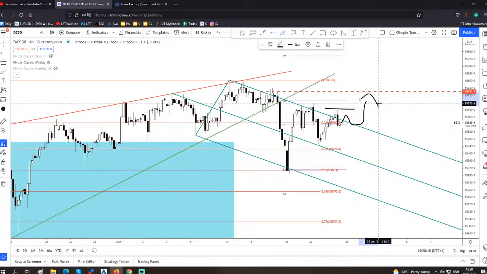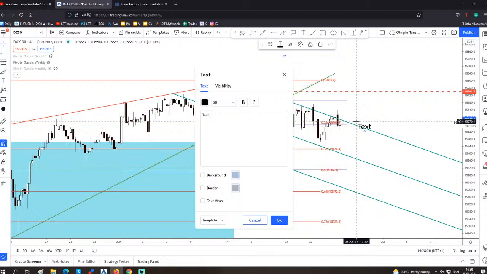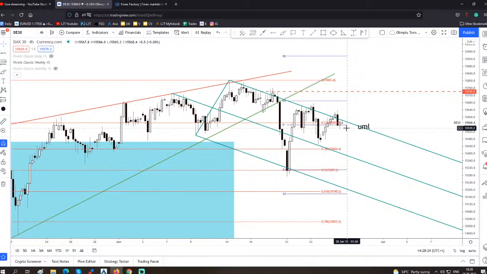Okay, but right now, as long as the price of the German stock index DAX 30 stays below the upper median line of the descending pitchfork, the pressure is still high here. Let's wait and see, guys.